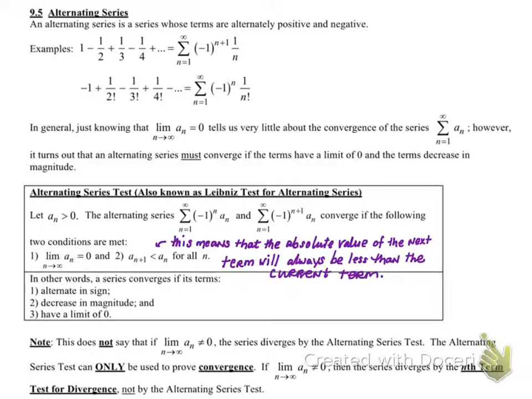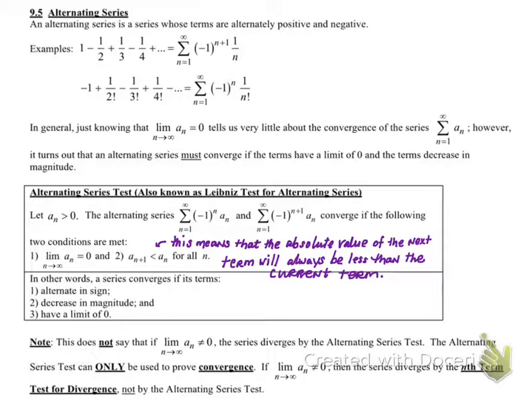Note, this does not say that if the limit of the terms is different than 0, the series diverges. That hasn't been said. It only says that if these three conditions are met, then that series converges.